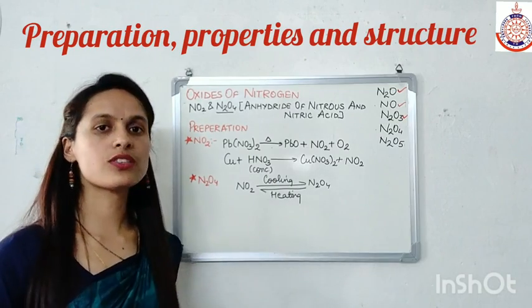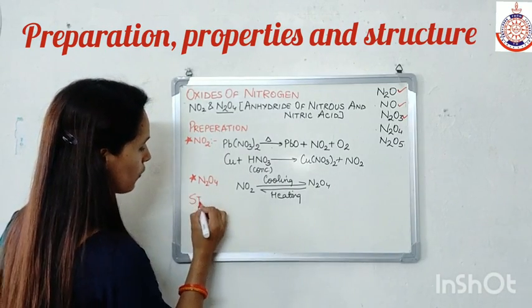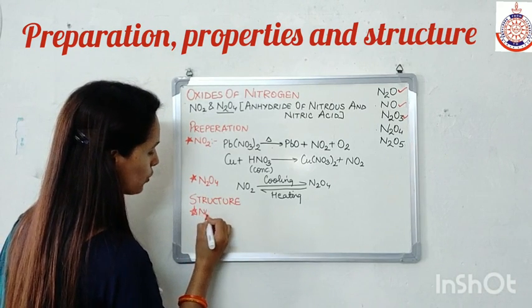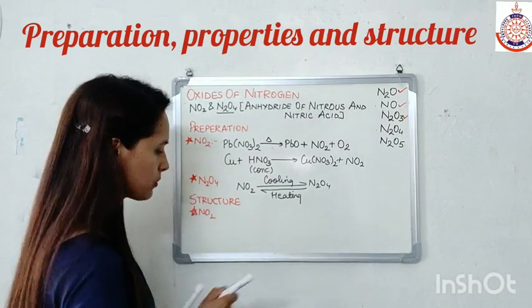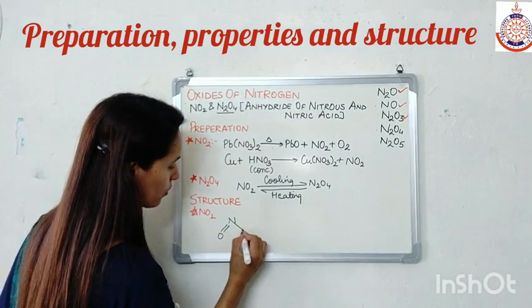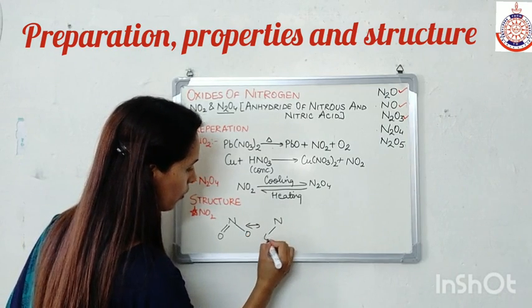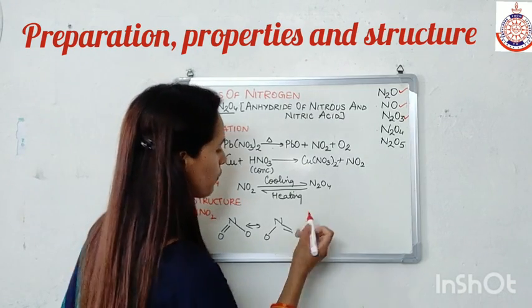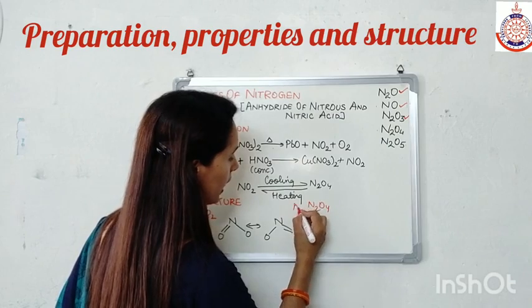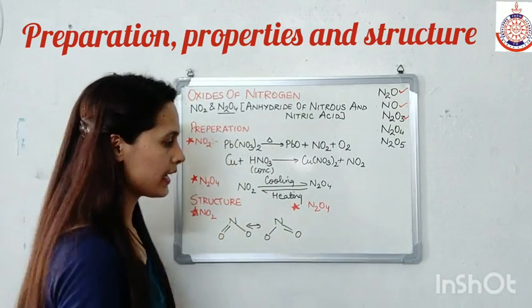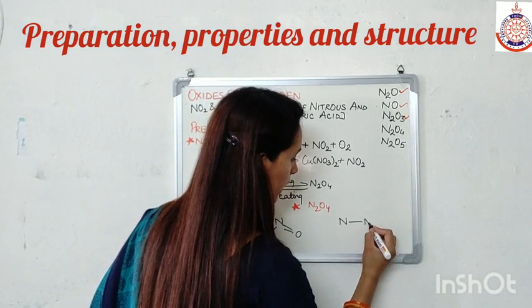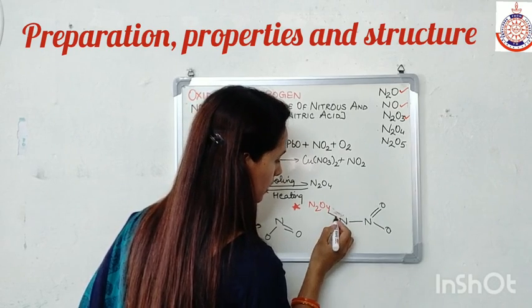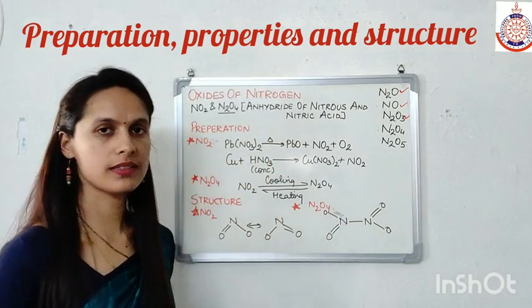Now if I talk about the structure, first the structure of NO2. It is bent shape, means it is bent shape like this, N, O or N double bond O. And if I talk about the structure of N2O4, it is like N, single bond N, double bond O, single bond O, double bond O. It is like this.